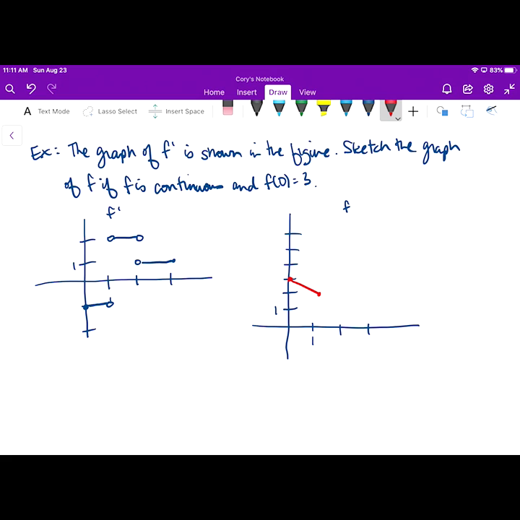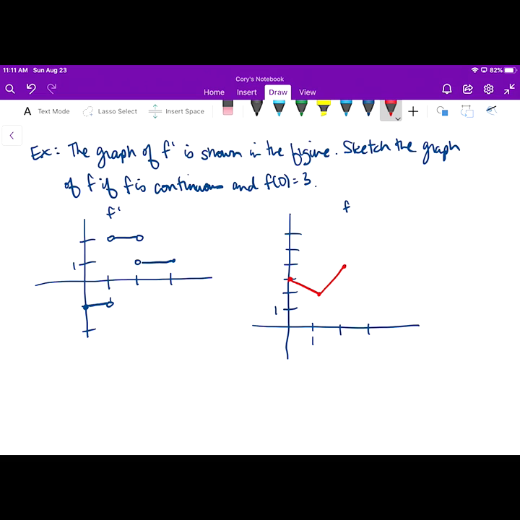So that means the slope of my graph between the x values of 1 and 2 is going to be 2, which means I'm going to go up 2 units and to the right 1 unit, which puts my next point there. And I'm going to draw a segment connecting those 2 points. So at x equal to 1, the graph has a corner there. That's why the derivative is not defined at that value.